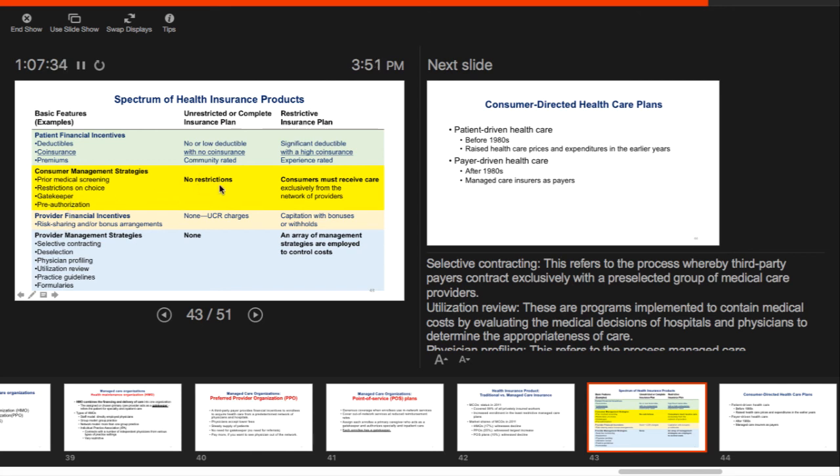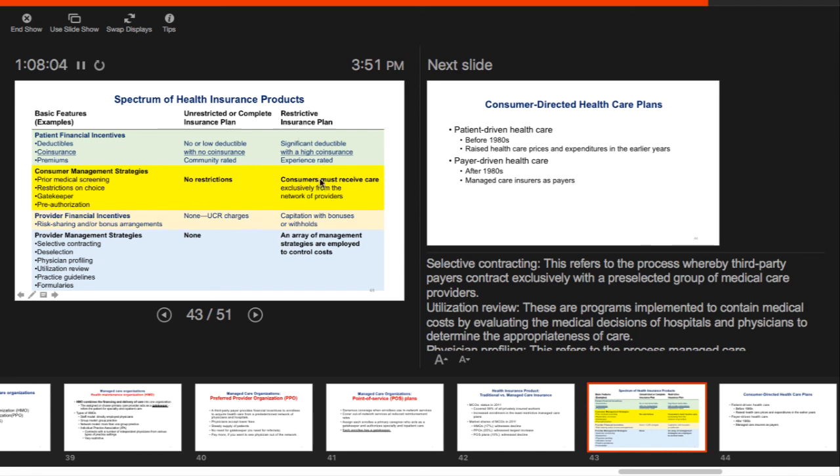There were no restrictions on whichever provider you wanted to choose as your doctor, or going to a specialist, or to any screening. There was no need for pre-authorization for any medical care procedures you wanted.